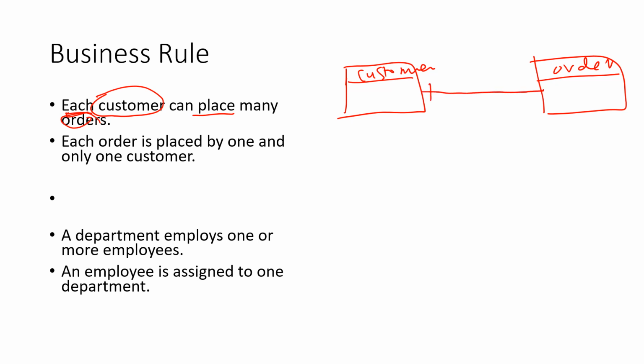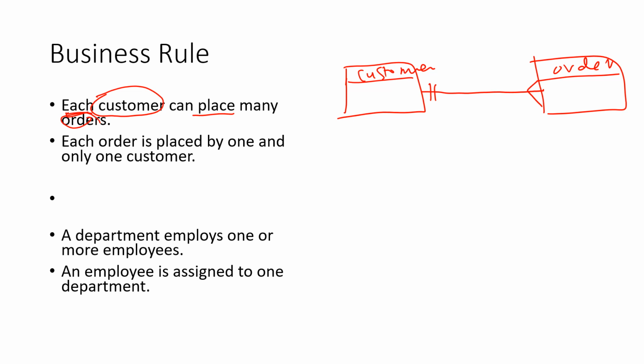No other constraints or situation is given, so we do not know whether this is mandatory participation or optional participation. Logically, we can have a customer with no order, but usually he is not a customer when he did not make any order. And each order is placed by one and only one customer.